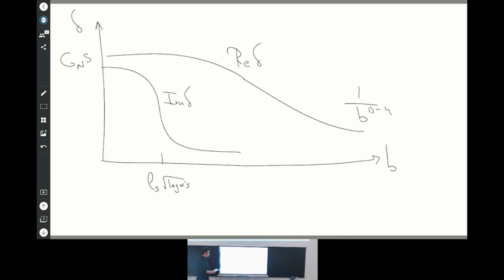So this is, if you wish, a correction to our computation with just a tree-level graviton. We have these new effects. One is effectively as if your object has finite size, as some beam of energy of effective size alpha prime log s, so at small impact parameters everything caps off at this size.